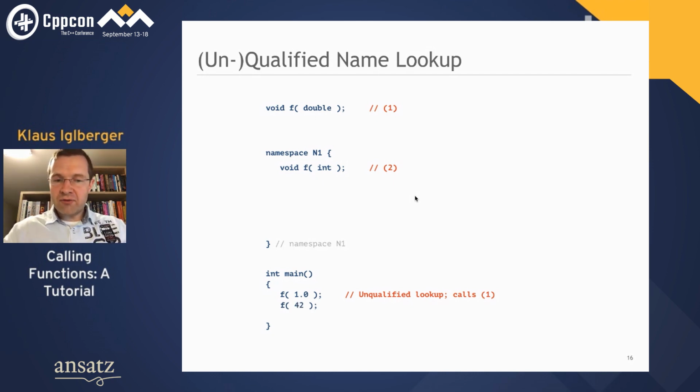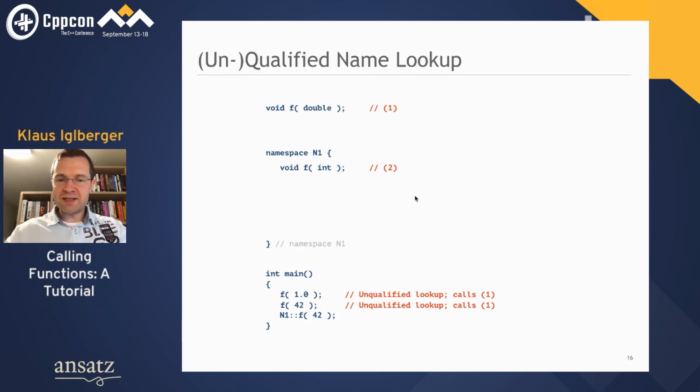If I call f with a 42, however, I do not go to function 2, because at this point the compiler does not even consider namespace n1. It only finds, and exclusively finds, function 1. This is the only match, and as we see later, it actually can be called. So again, unqualified lookup calls function 1. If from that call site, from the main function, I really want to call the function f in the namespace n1, I have to explicitly say so.